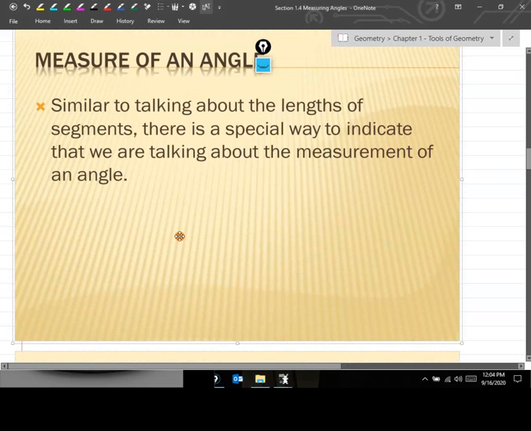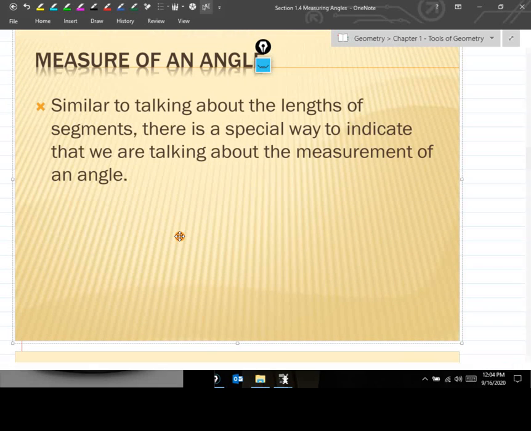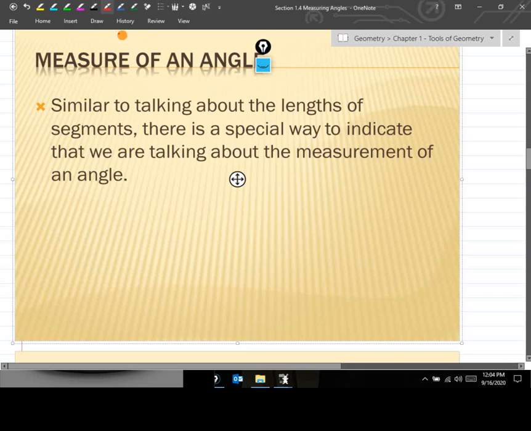All right, so we measure angles. There are 2 units that we use to measure angles. The one that you guys know the most about and that we're going to focus on in this class is degrees.